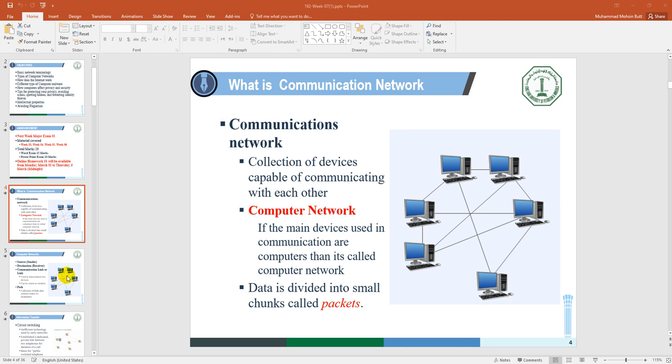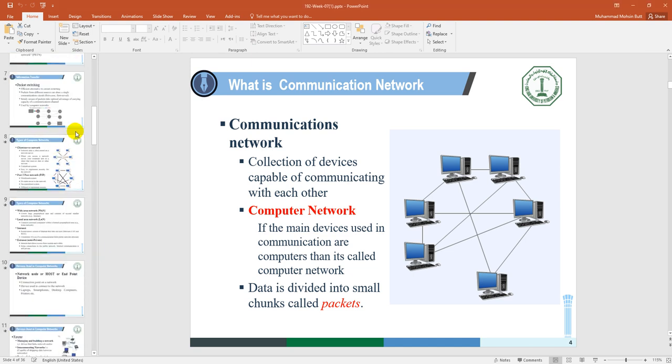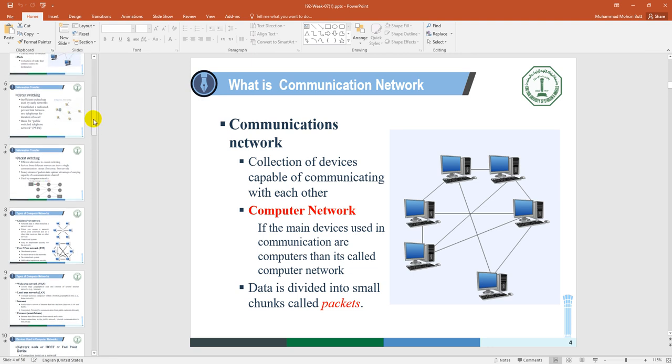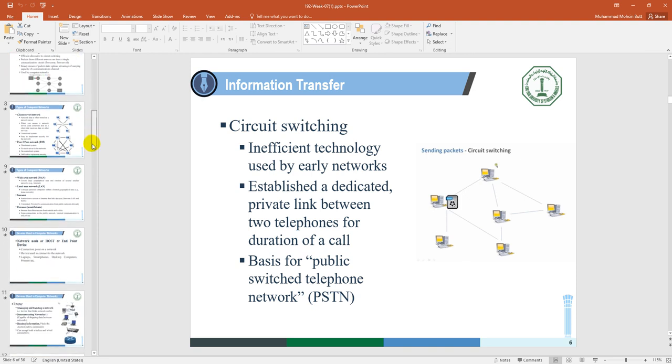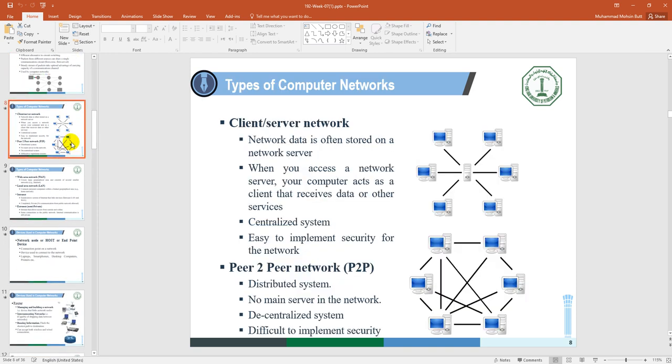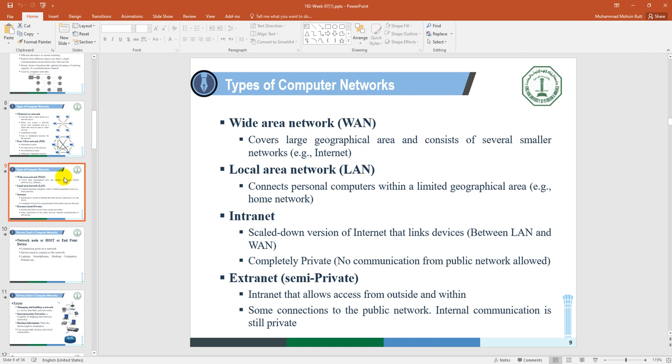We talked about the basics of computer networks. We saw how information is transferred in computer networks. We discussed circuit switching, we talked about packet switching, and then we saw different types of computer networks. We talked about the client server network, the peer-to-peer network, and other types based on the coverage of computer networks.